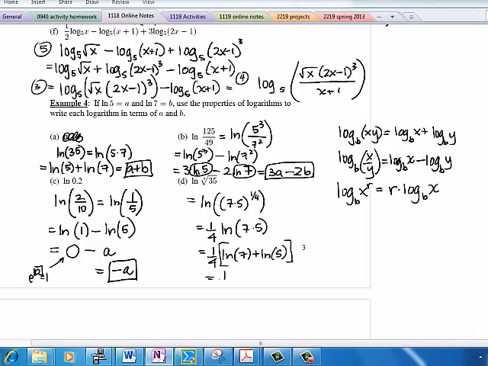So we'd have 1/4 times b plus a, so we get 1/4 times b plus 1/4 times a, and the order doesn't matter there. You could have a first or b first. You want to make sure that each of them is multiplied by 1/4 and that they're added together. So again, we're trying to relate the inputs to the numbers that were given, so to 5 and 7 in this case.